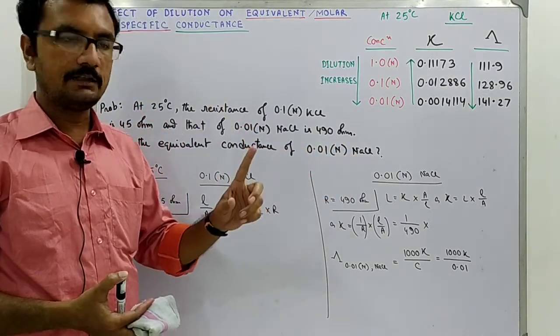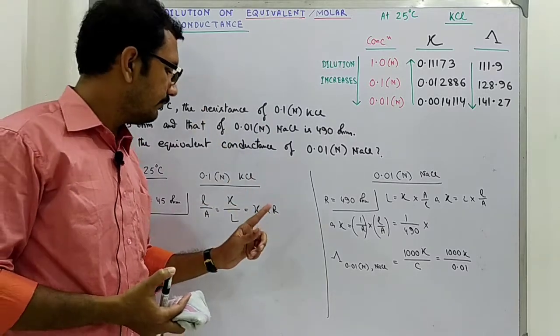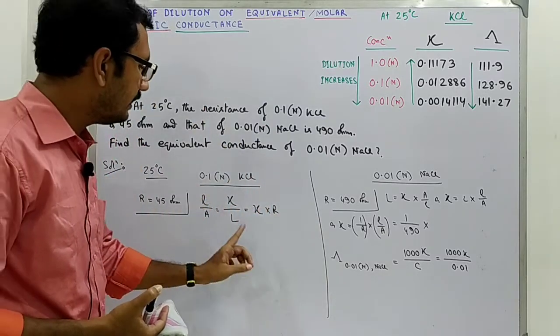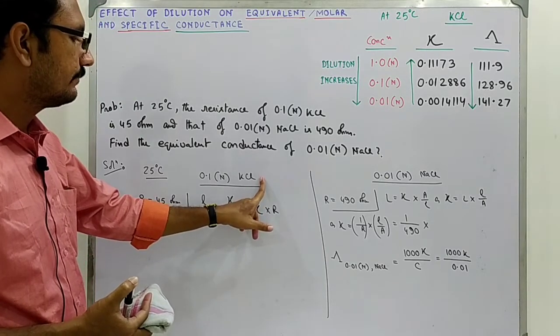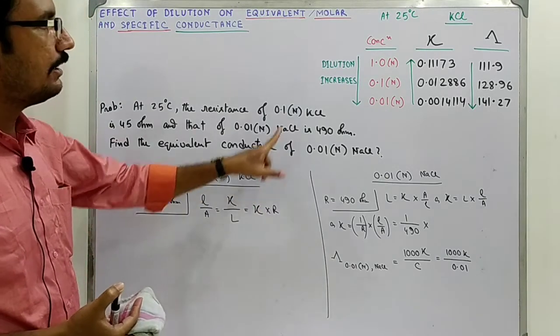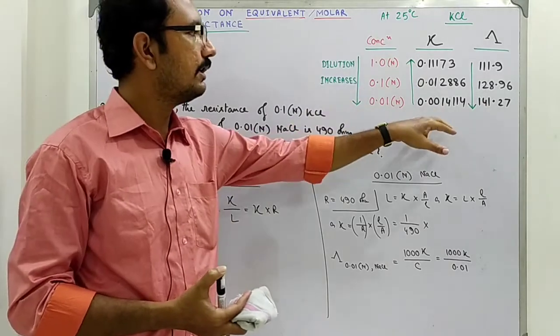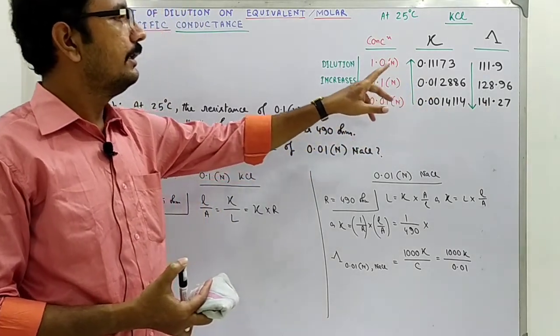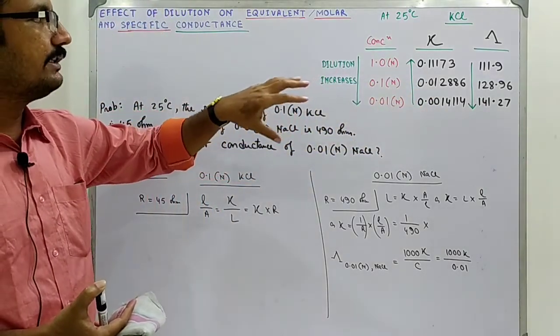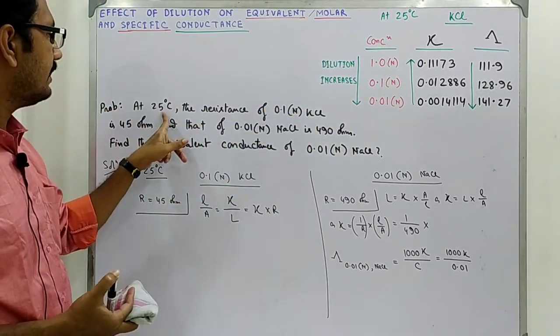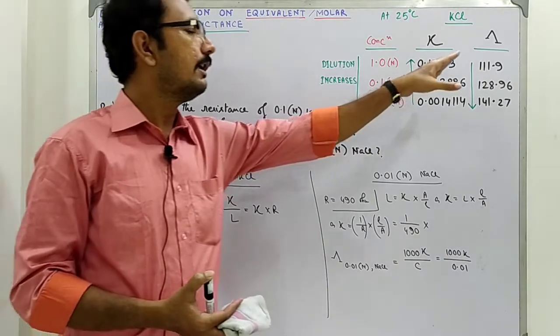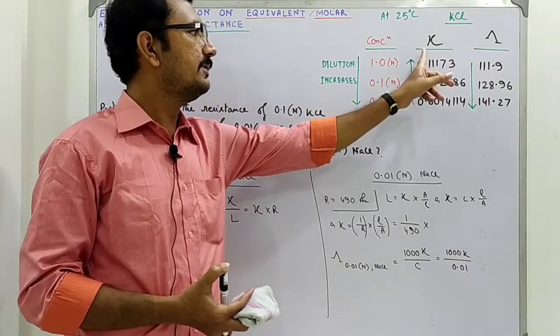From that chart you have to copy the value of specific conductance of KCl. This is the chart obtained by Kohlrausch. Here I have edited that chart. I have only taken the part necessary at 25 degree centigrade, and it also includes the equivalent conductance in addition to the specific conductance.